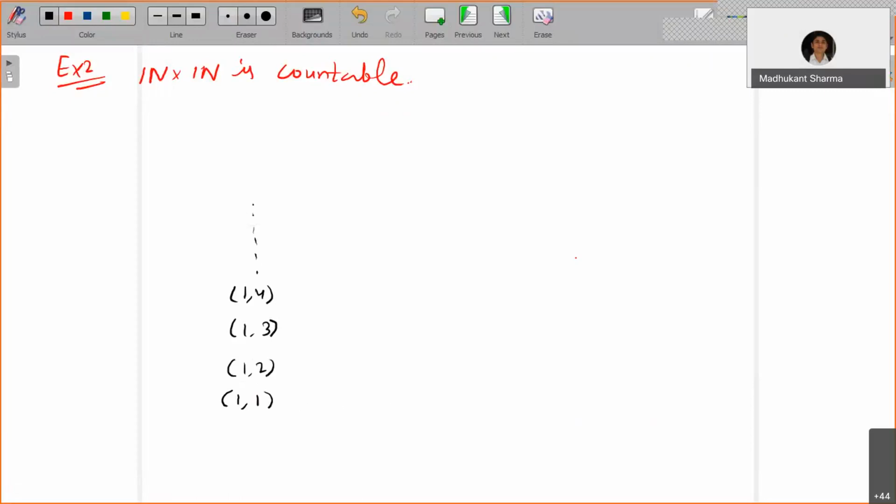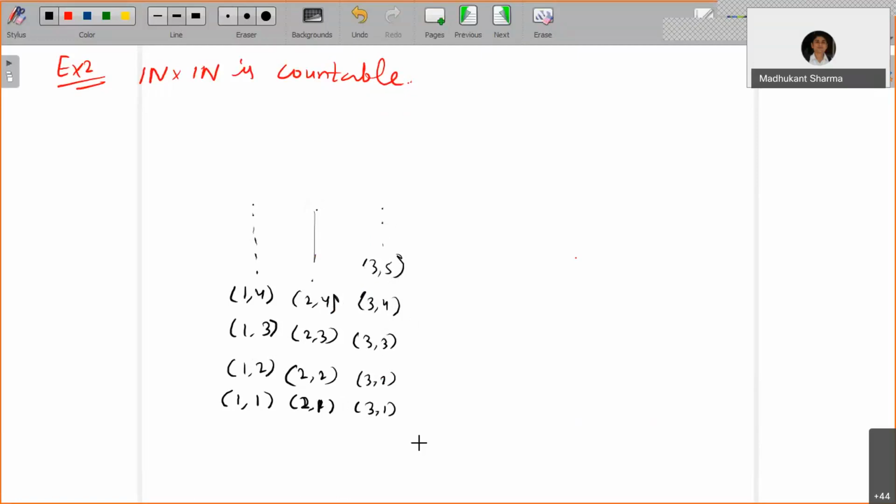And now here, 2 comma 1, 2 comma 2, 2 comma 3, 2 comma 4, and so on. Similarly 3 comma 1, 3 comma 2, 3 comma 3, 3 comma 4, 3 comma 5, and so on.